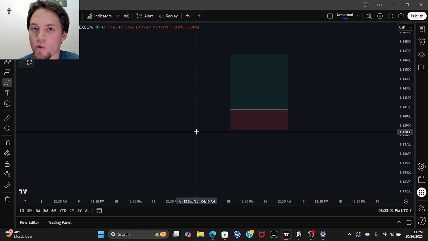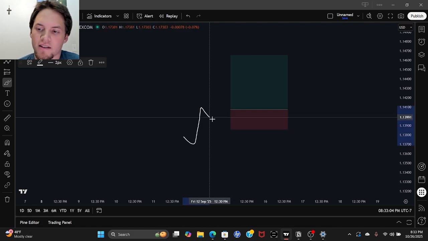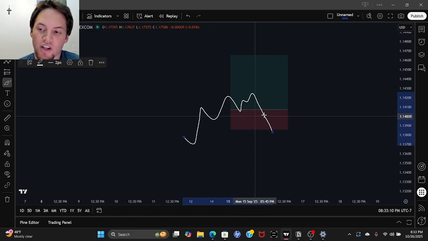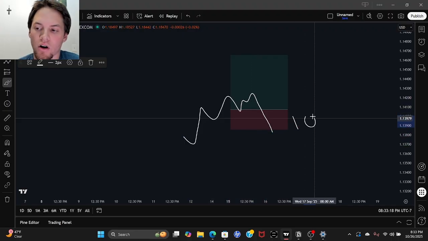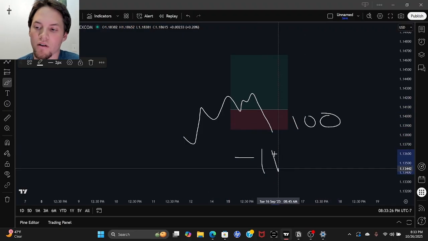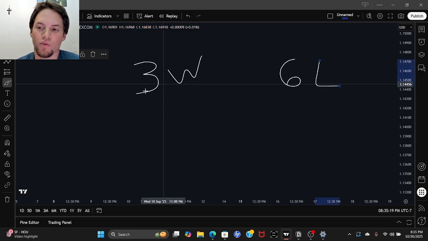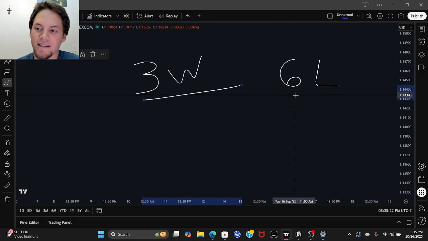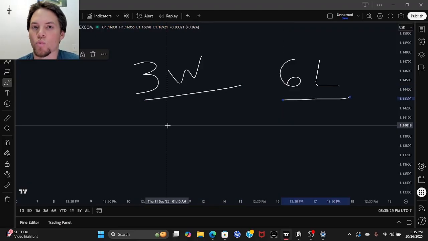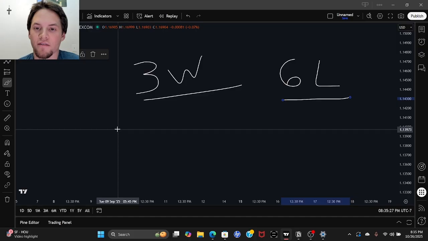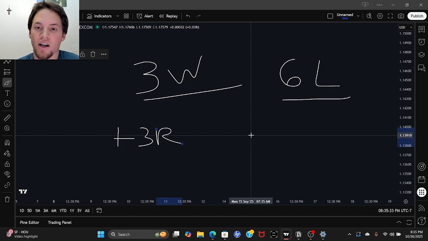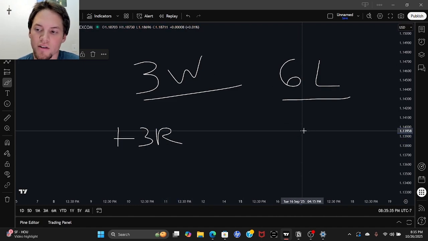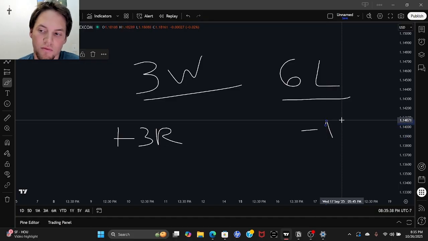Now, this goes for the same way if we're wrong in the market. If price decides to come up, fill us, and then come down and hit something called our stop loss, we effectively get out for a contained loss of $100, minus 1 unit of risk. So with that, if we have 3 wins, let's say, and 6 losses, but every time we're trying to win a trade, we're effectively trying to make 3R, and every time we lose a trade, we're only losing 1 risk factor.